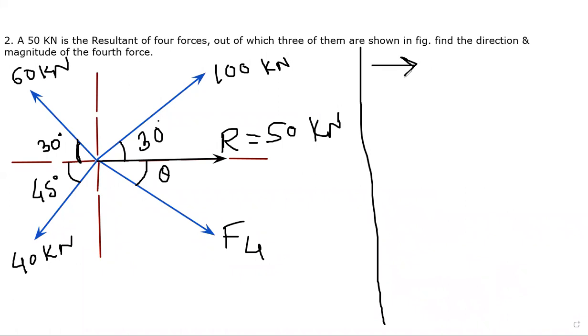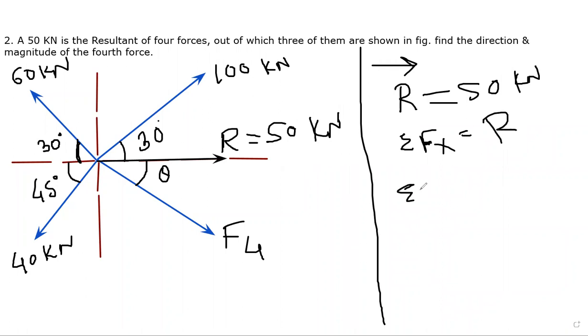Solution. R is equal to 50 kilonewton. Summation Fx is equal to R and summation Fy is equal to 0.